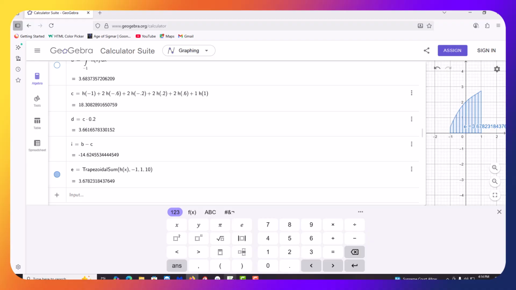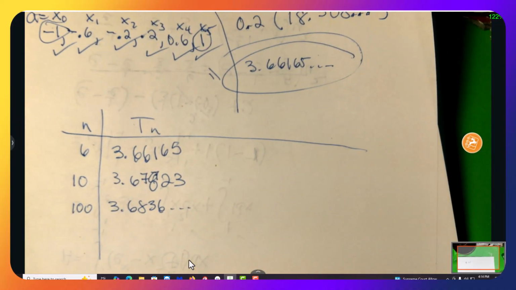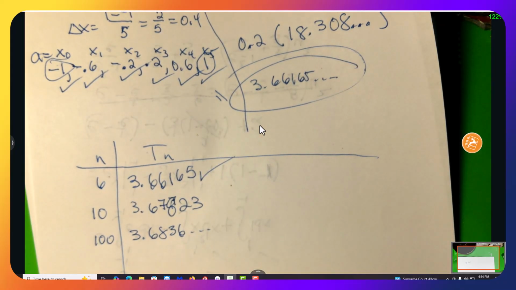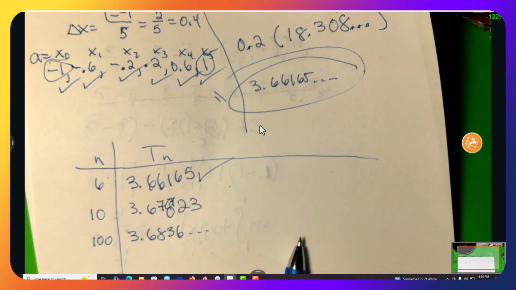It's methodical. And you should be able to use the technology. But notice I verified it before I used the command and just generated it all. Now, if you're using a scientific calculator, it's going to take a little bit more time. Now, I'm going to stop this video. I'm going to reboot this video, and then we're going to do Simpson's method.